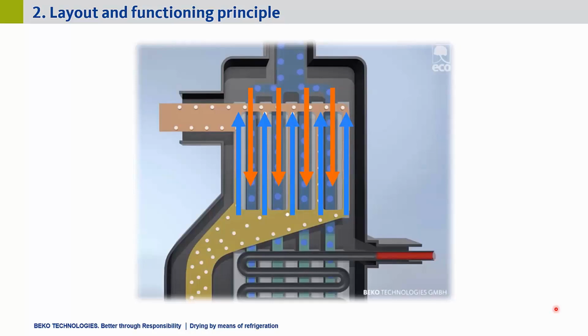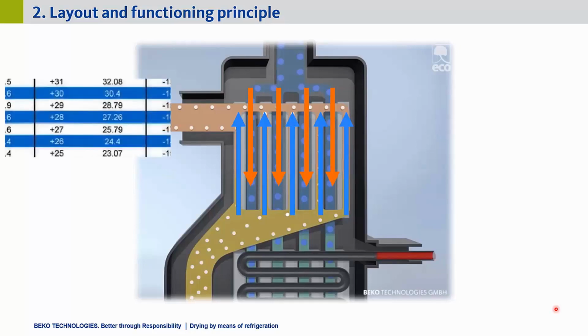If the air enters the dryer at 35 degrees Celsius and it leaves it again at approximately 28 degrees Celsius, as you can see in the table, the air can now again carry approximately 28 grams per cubic meter of water vapor. But it actually only contains 6 grams per cubic meter of water vapor because it was cooled down to 3 degrees before.